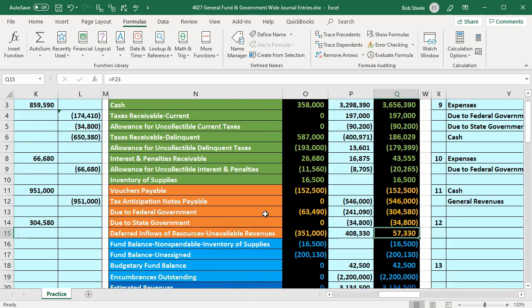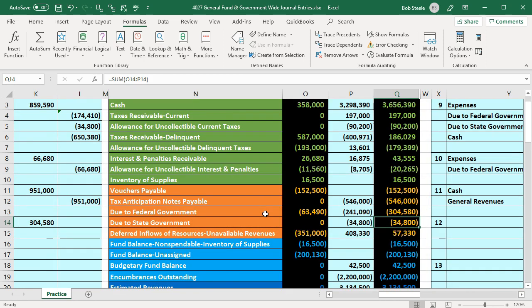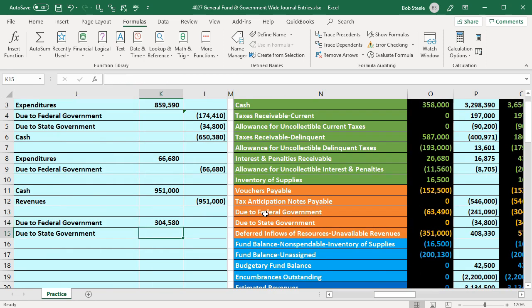Let's double check that. 304,580. And then we have what's due to the state, that 34,800. And then the credit is going to be the negative sum of those items, and that amount is going to go to the voucher payable.